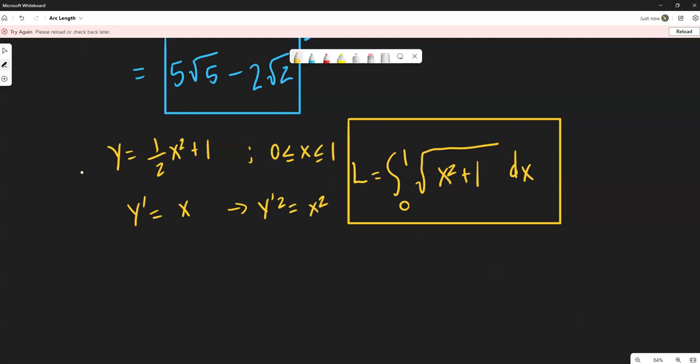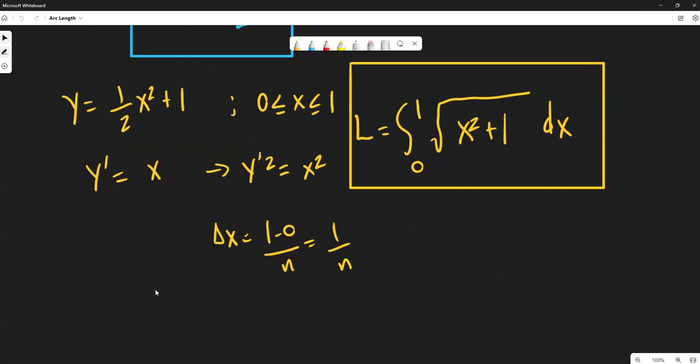However, you can also form a partition from 0 to 1, where delta x is equal to 1 minus 0 divided by n, which is 1 over n, and then choose a point in your subinterval, like the midpoint, left point, etc. Essentially that would give you approximately the measure of the arc.